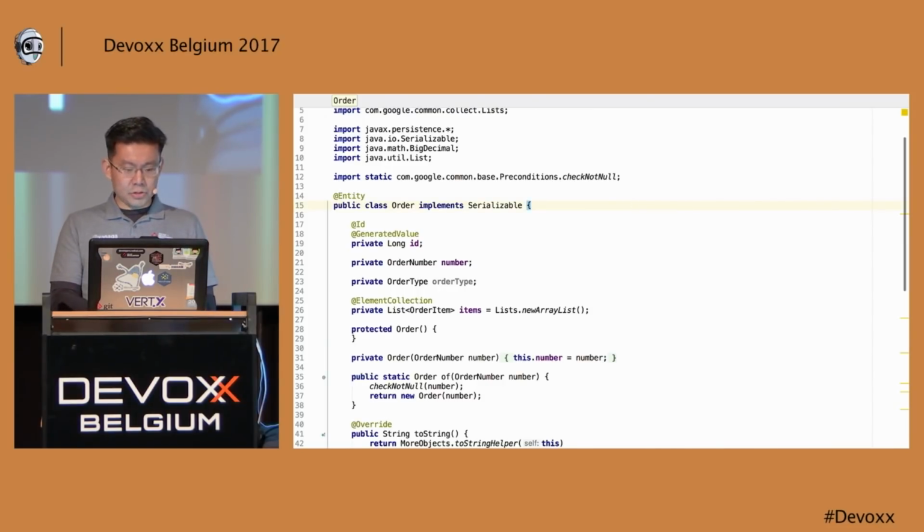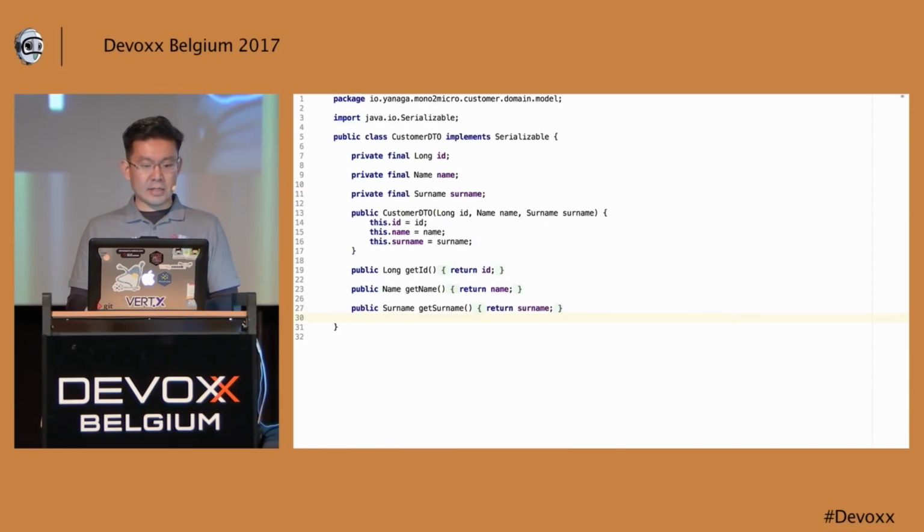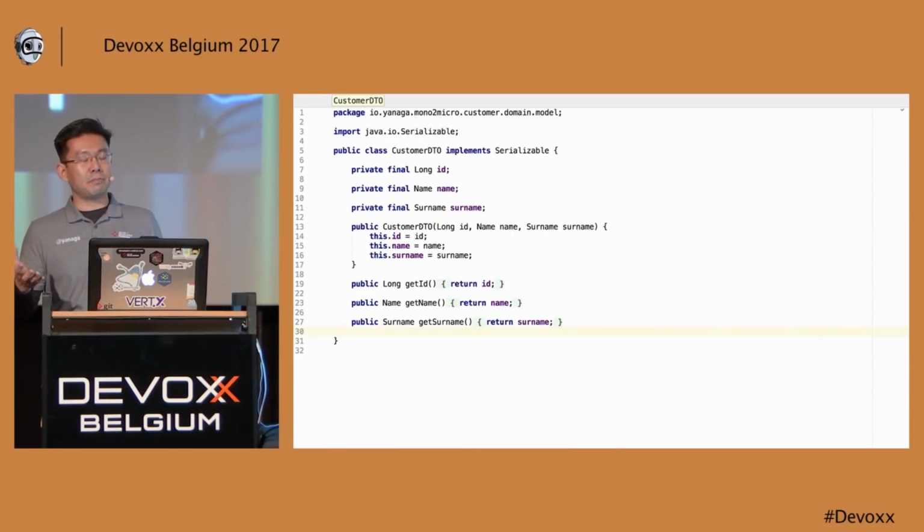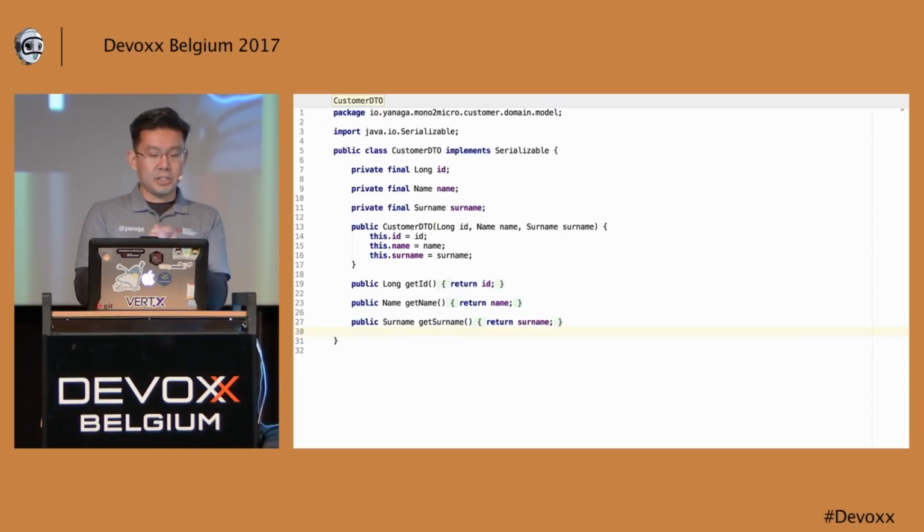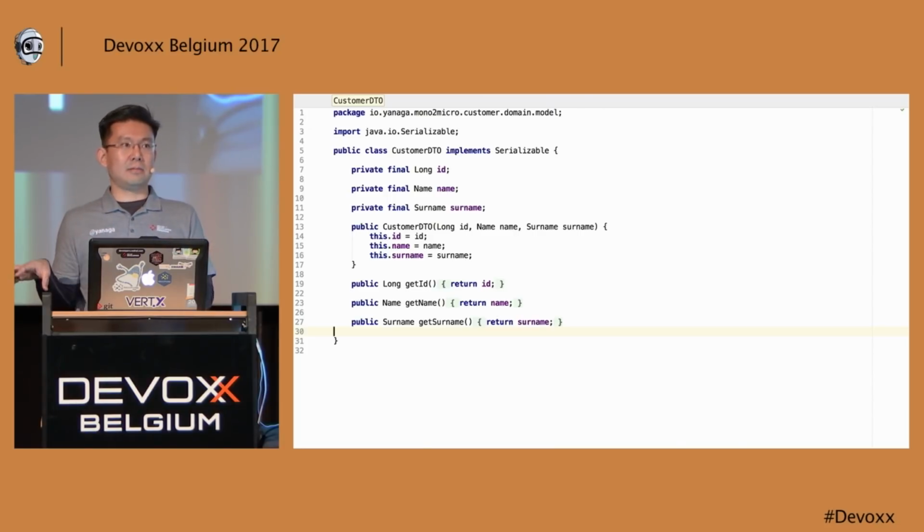So what I want to show here is that just as I created this customer DTO representation in my read model, I can use this information to create and extract another kind of model in a separate data store.